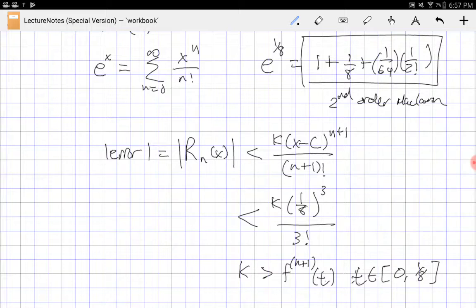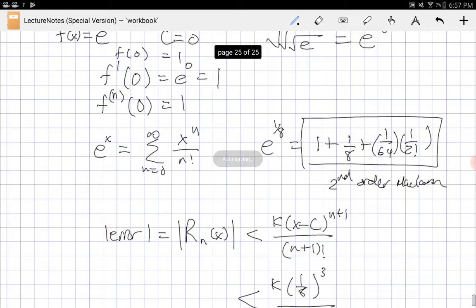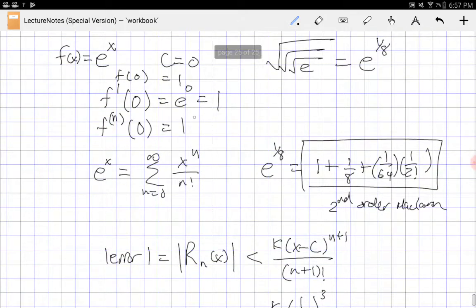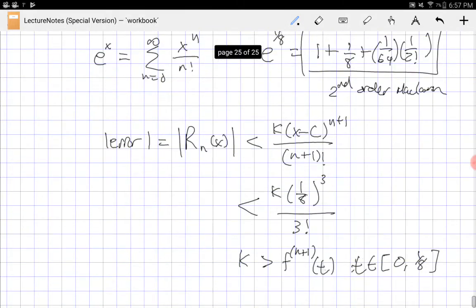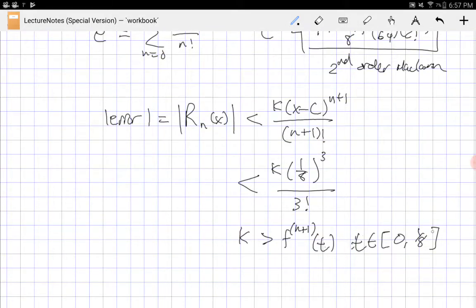But so I picked an interval of 0 to 1/8 because I centered my polynomial at 0 and now I'm evaluating at 1/8. So the interval of my interest is 0 to 1/8. The f to the n plus 1 is actually f to the third derivative of t, where t belongs to 0 to 1/8.